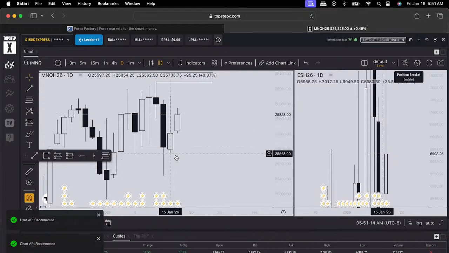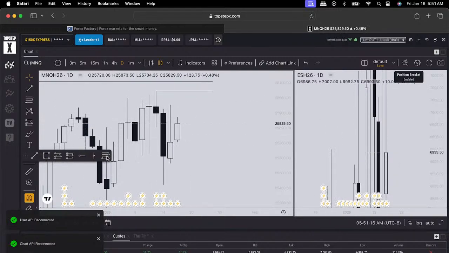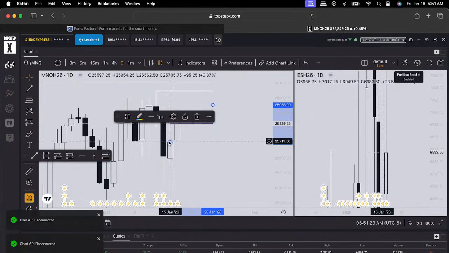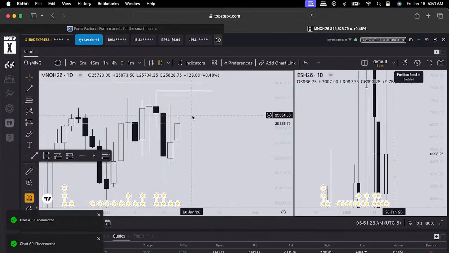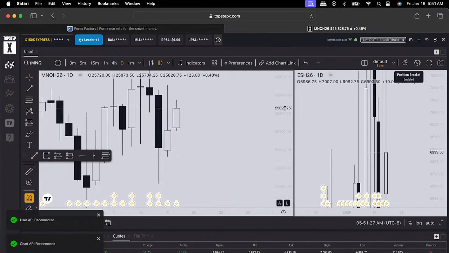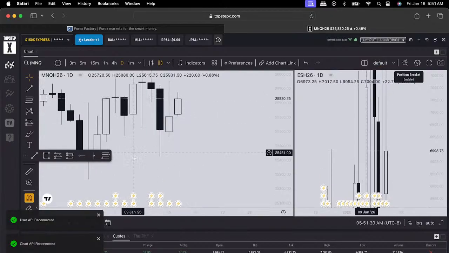This kind of looks like we're doing a bit of a Thursday counter. This is a bullish candle. I kind of want to keep going up, so that's invalidation. That's also invalidation. So I do believe we're gonna go up.